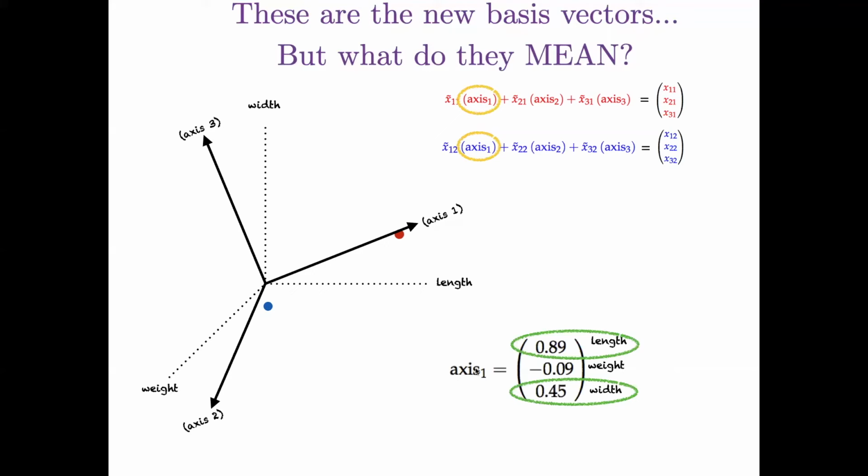Weight has such a small contribution to this axis that for now, just for convenience's sake, we're going to almost ignore it and think that weight has very little contribution. And so axis 1 basically represents size, because it lines up much more with length and width than it does with weight. Another way to think about that is that as a point increases its weight, its coordinate along axis 1 doesn't really change very much.